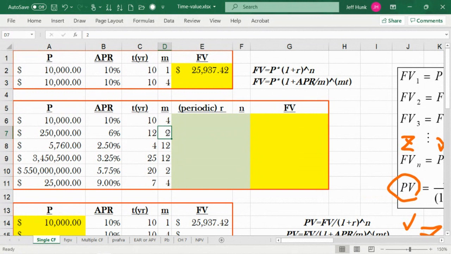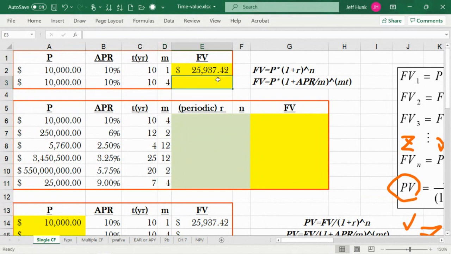If the compounding frequency is 6 times a year, that means every 2 months. So every 6 months doesn't mean 6 times a year. Every 6 months means 2 times a year, so it has to be 2. If the compounding frequency is 12, then that means monthly. Also semi-annual and then quarterly, right?